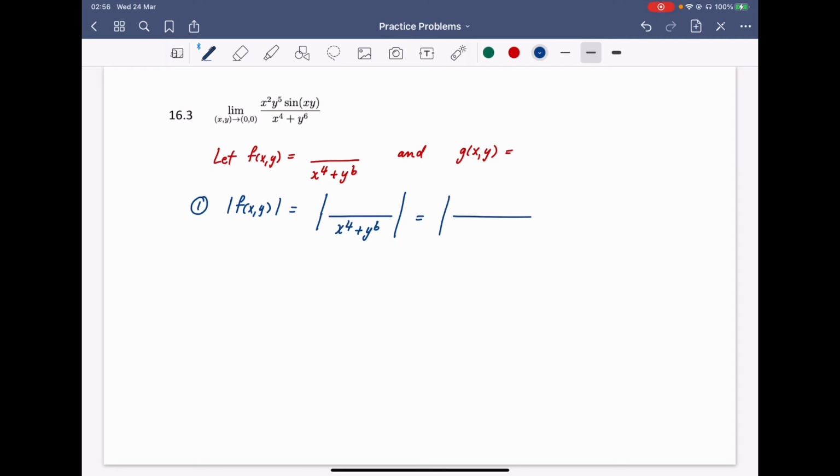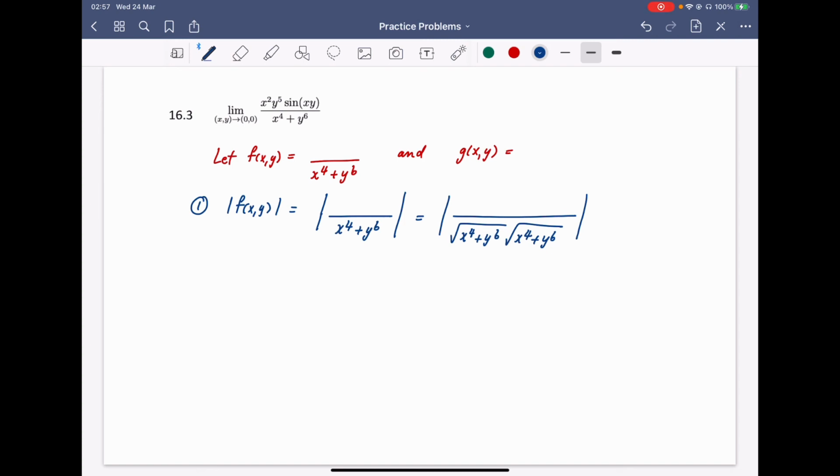When you have x to the 4th power plus y to the 6th power, you can break it into the square root of x to the 4th power plus y to the 6th times the square root of x to the 4th power plus y to the 6th. You can do this because the square root times itself goes back to something raised to the first power, which is amazing.